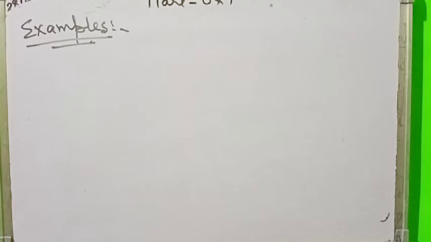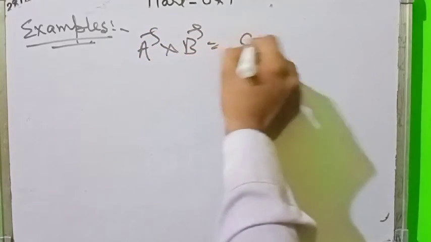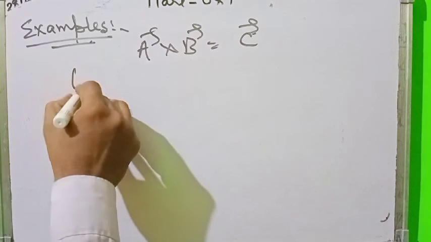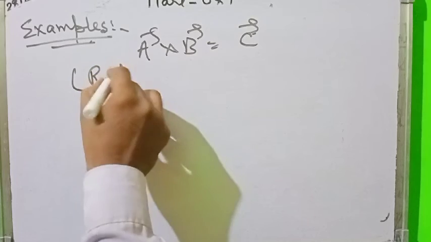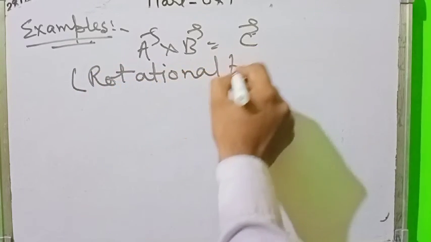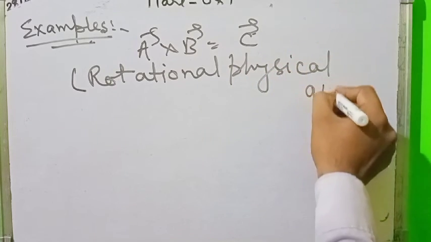Since the vector product of two vectors is a vector, it generally relates to rotational physical quantities.